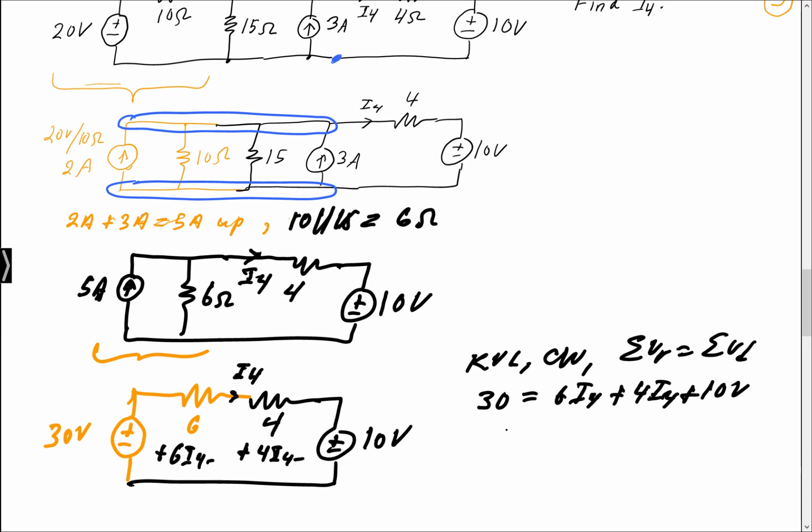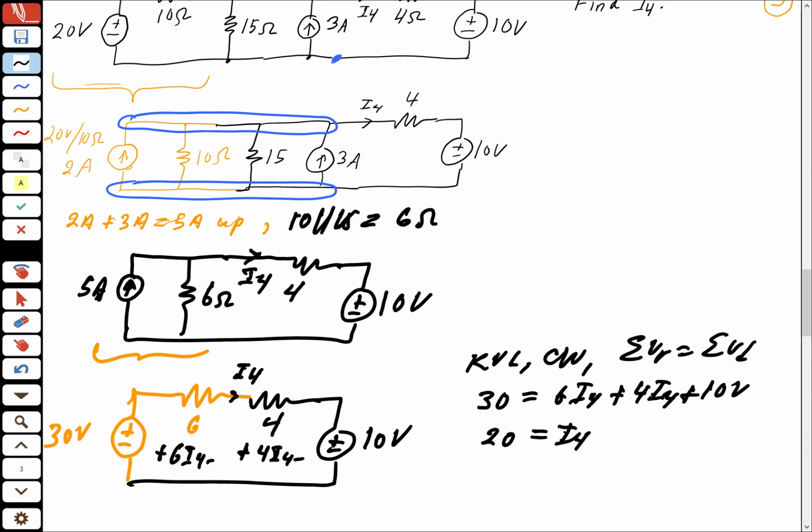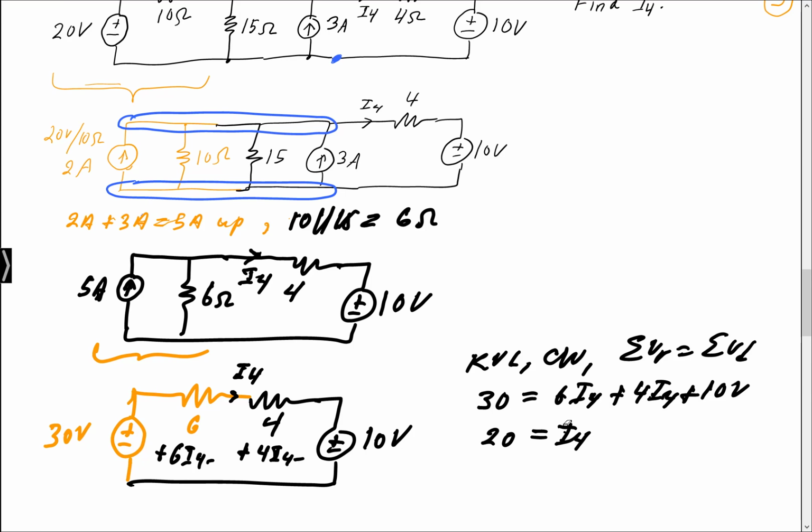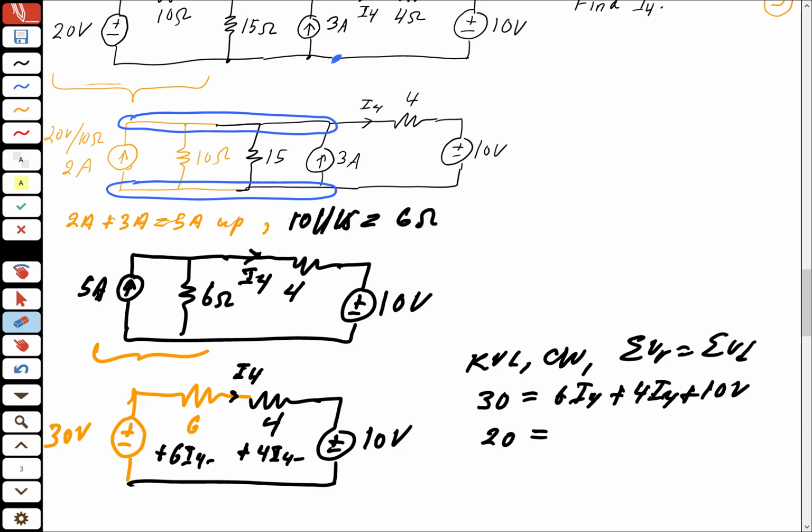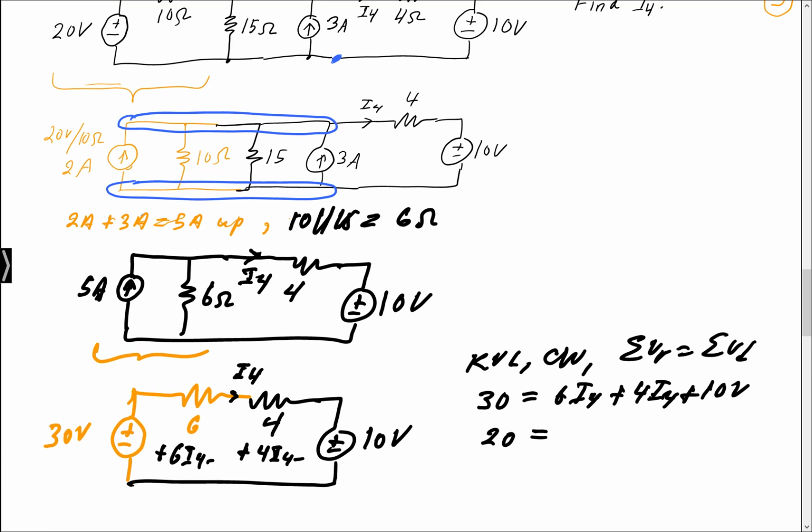From here you have 20 equals 10I4. Sorry, somehow the 10 dropped there. So I4 equals 2 amps.